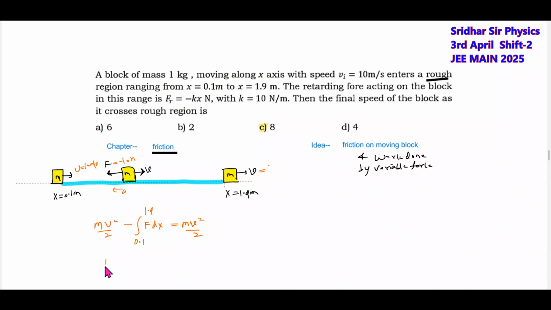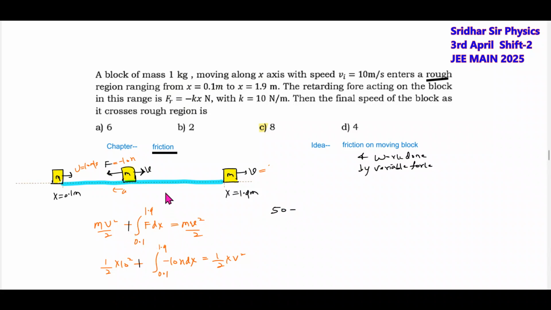Mass of the block is 1, so 1 by 2 into 10 square, that is 50, plus the work done by the force, equal to 1 by 2 into v square.